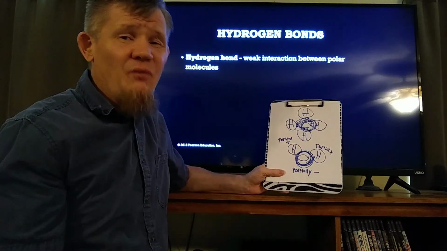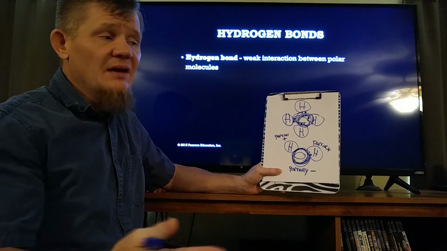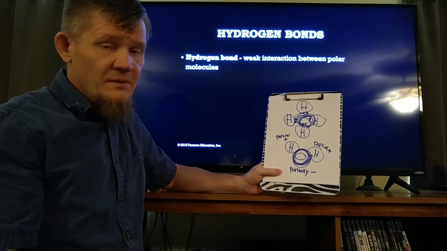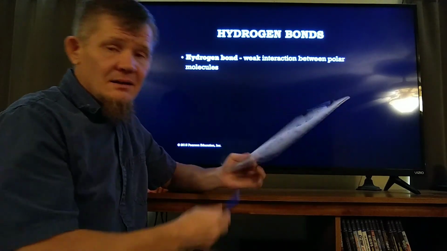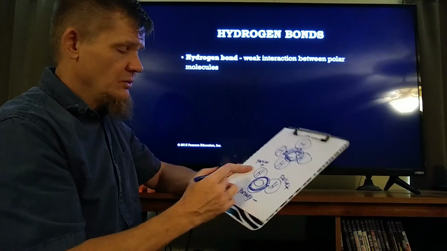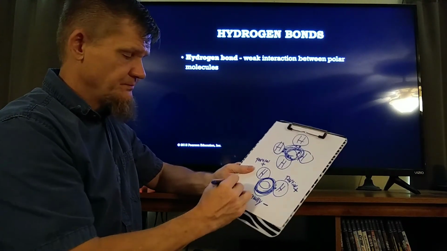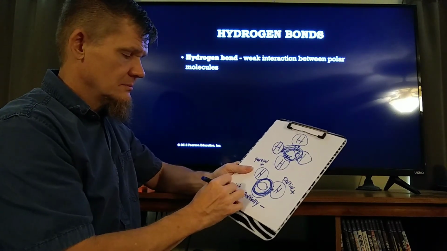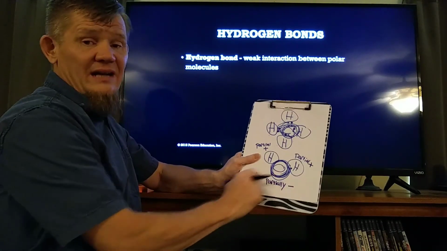Are you ever just going to have one water molecule? And the answer is no. I'm going to always have dozens of water molecules. Well, what is the partial positive on a second water molecule going to do when it encounters the partial negative on an oxygen? It's going to be attracted to it.